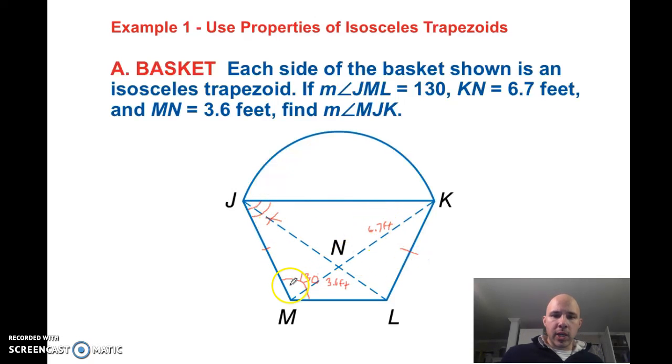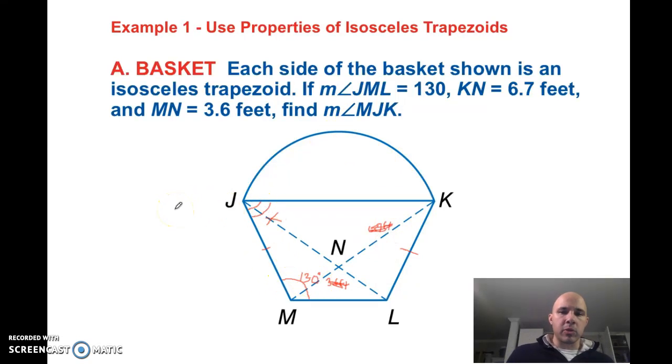We also know that JML is 130, and that KN is 6.7 and MN is 3.6. We do not need that information at this point. They are going to ask us for MJK. So this is 130, and we need to figure out what that is.